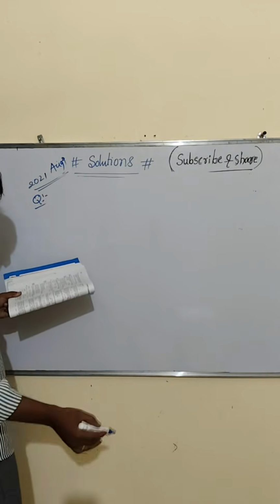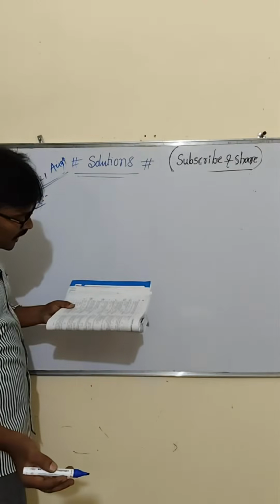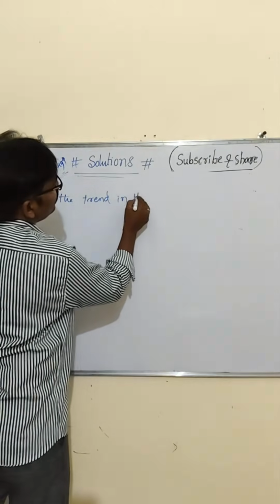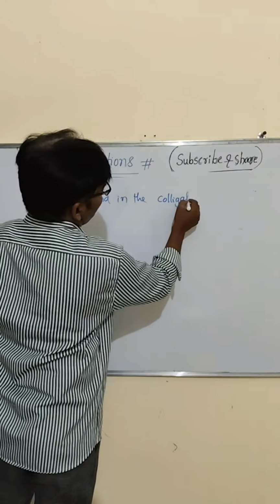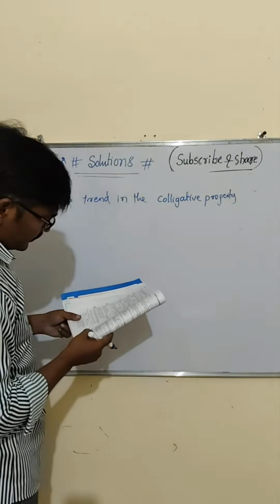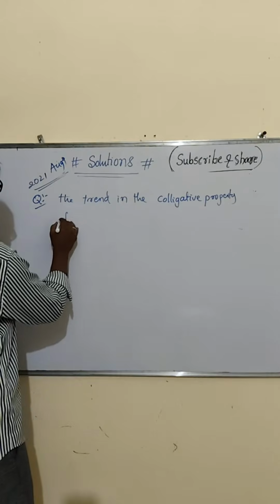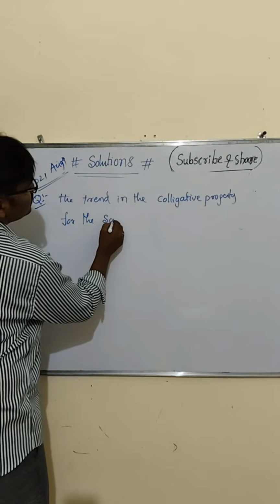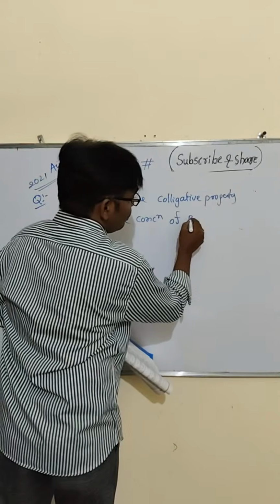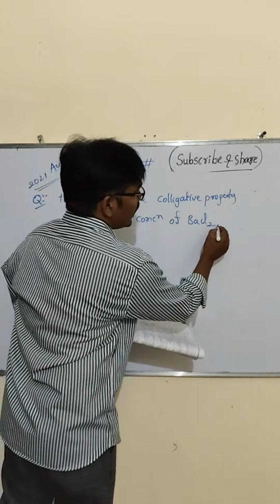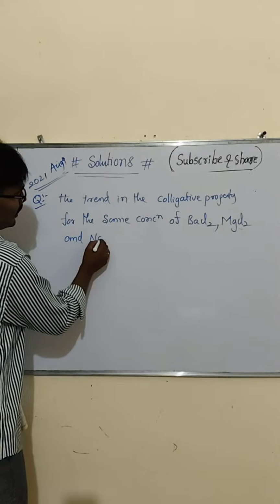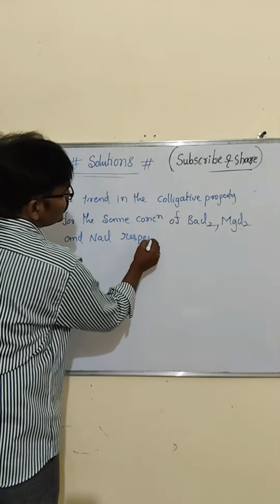The trend in the colligative property for the same concentration of BaCl2, MgCl2 and NaCl respectively. This is the question, the same type of question.